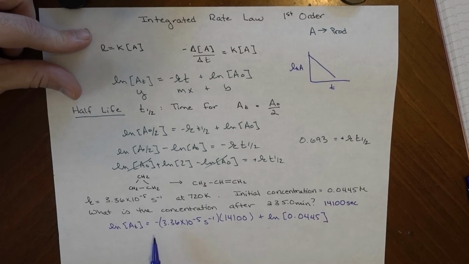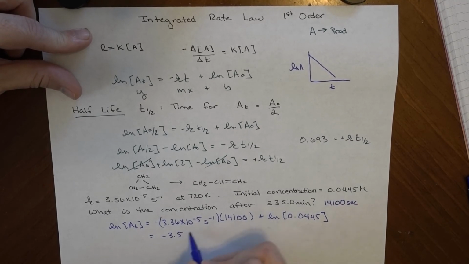Okay, now the nice part about this is that this entire side is just all numbers. And so if I go through and put that in my calculator and solve, I would end up getting negative 3.586 as my natural log of A t.